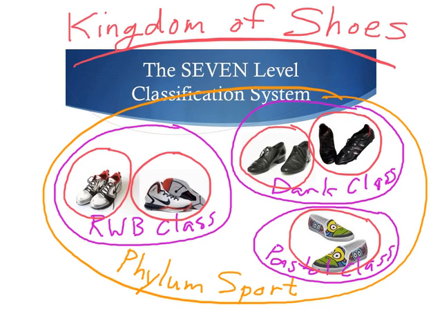And then within the kingdom of shoes, you have a couple of different phyla of shoes. And then within this specific phylum, we have three different classes. And those three different classes can be divided up into even smaller groups, the more specific ones, based on function and structure, what they look like.